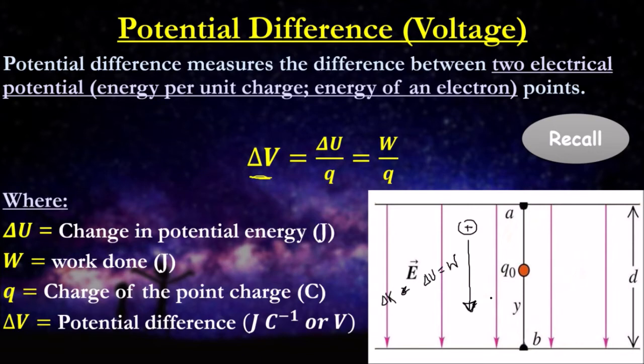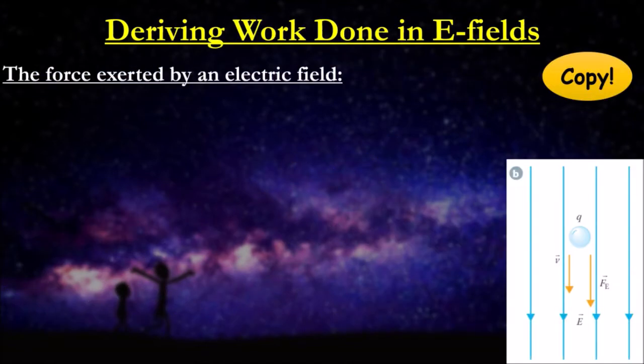So what we can try and do is demonstrate a relationship between potential difference and kinetic energy, and also potential energy as well, and work done. So let's have a look. Now we're looking at trying to derive the work done formula.